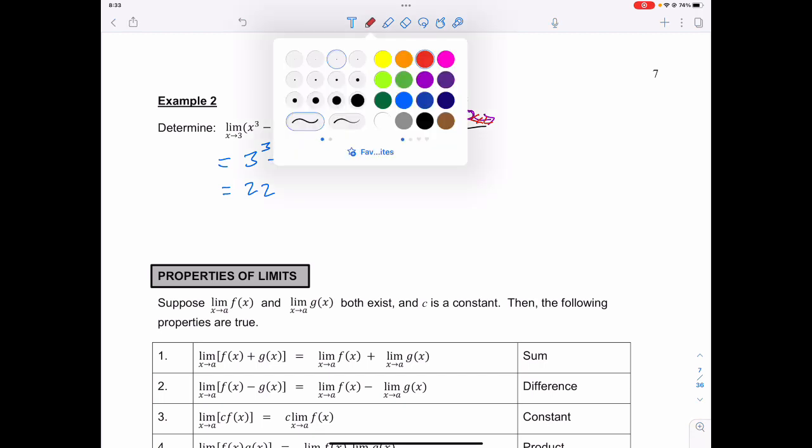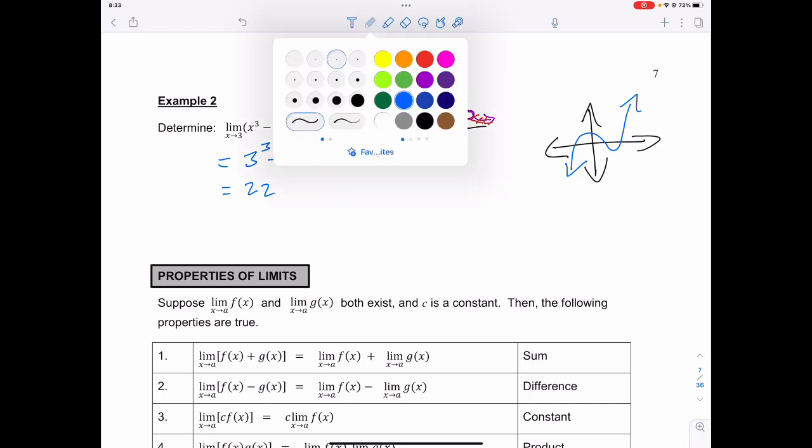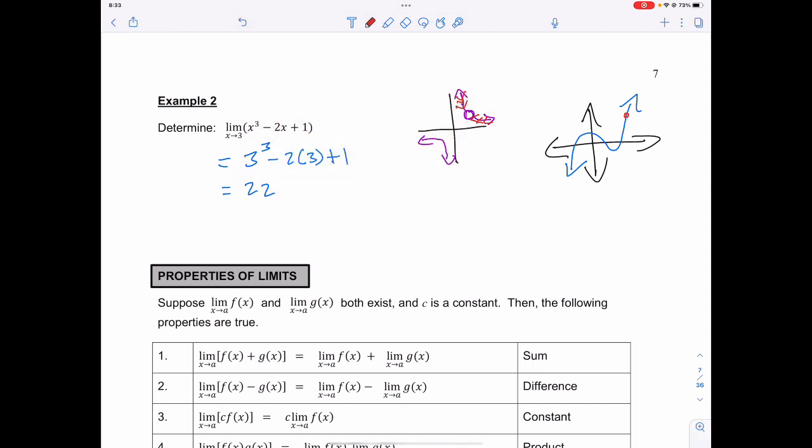In this case, with this cubic function, the point that we're approaching as x gets closer and closer to 3 and y is equal to 22 is in fact not a point of discontinuity. It would exist on my graph.